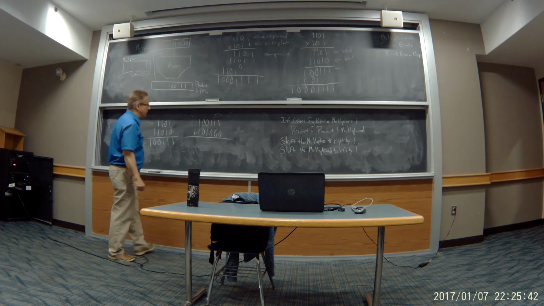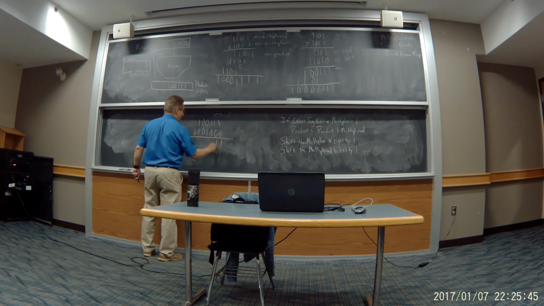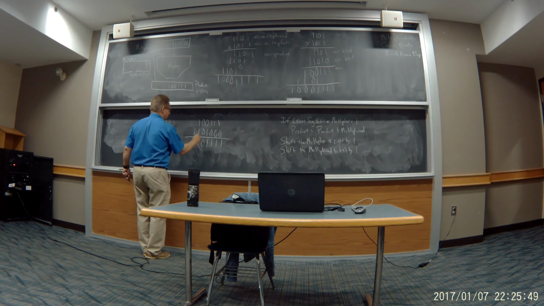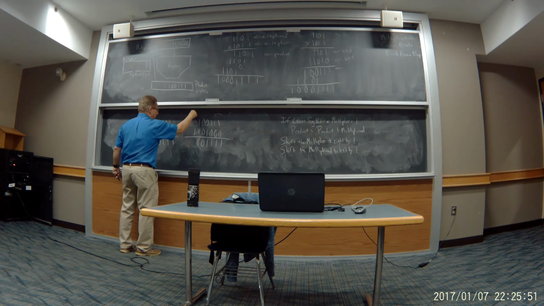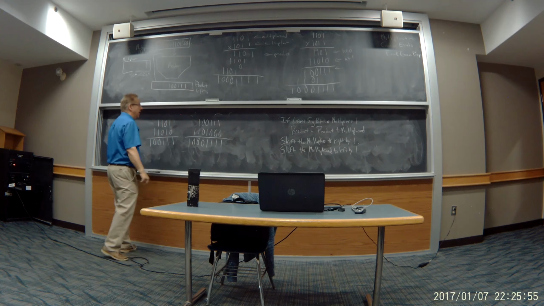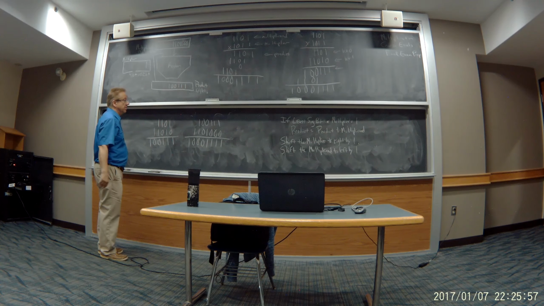So now when we add it together, we'll get 1, 1, 1, 1, 0. 1 plus 1 is 1, 0. Put down the 0, carry the 1. 1 plus 1 is 1, 0. Put down the 0, carry the 1. And we got the correct result, which is what we would have expected.